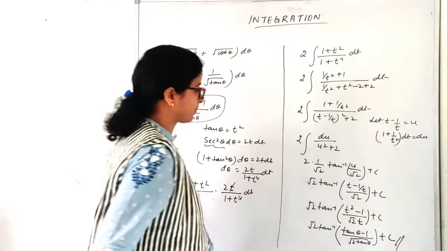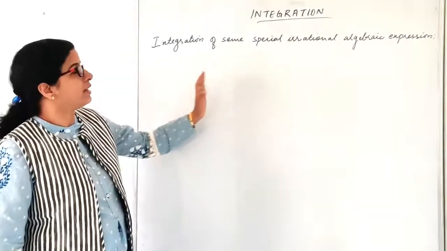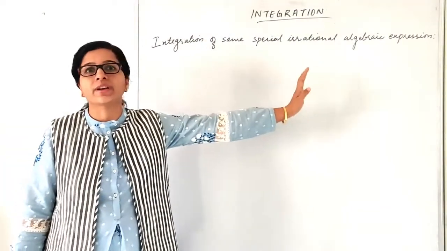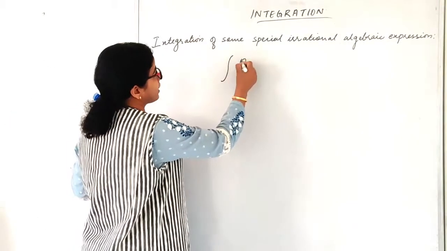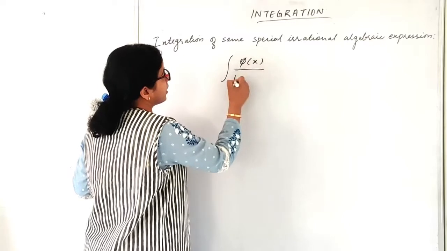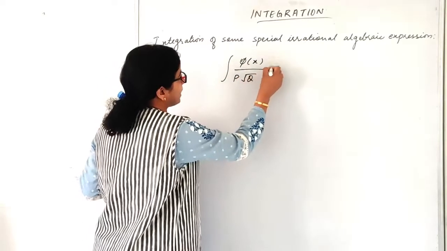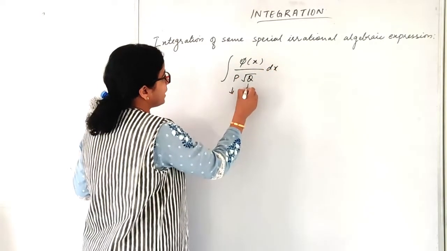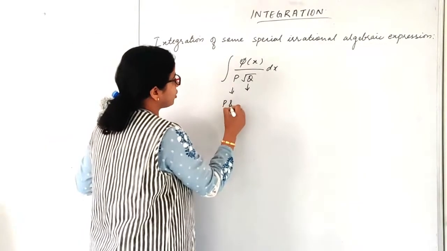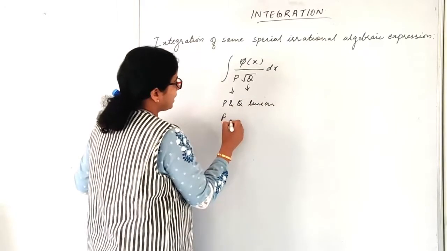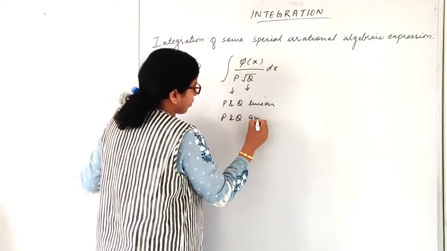Done. Is that clear? Let us learn the integration of some special irrational algebraic expressions. In this category we will learn the integration of the kind phi x upon p root q dx, where p and q are polynomials. p and q both can be linear. p and q both can be quadratic.